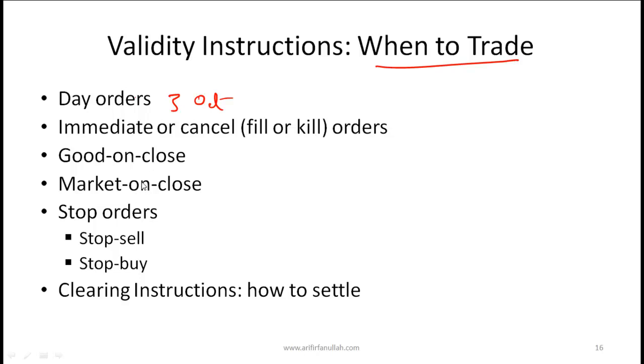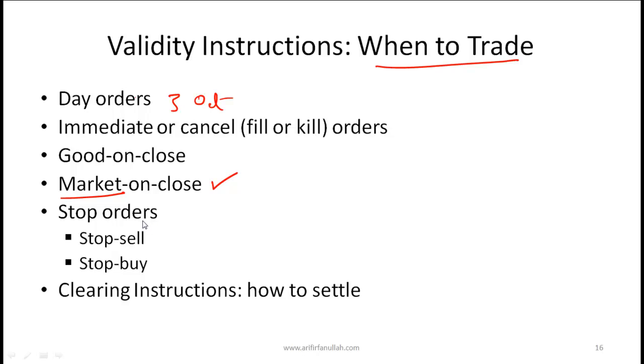Market on close means that if the order is a market order, from the last slide, remember, a market order is one that can execute at market price. So if a good on close order is also a market order, then it is called a market on close.